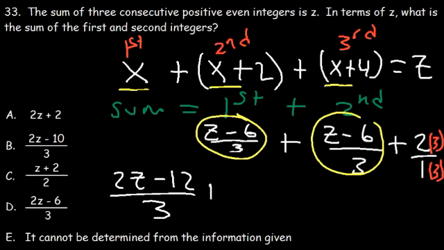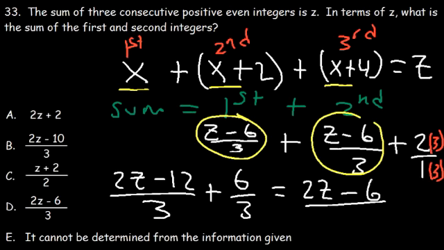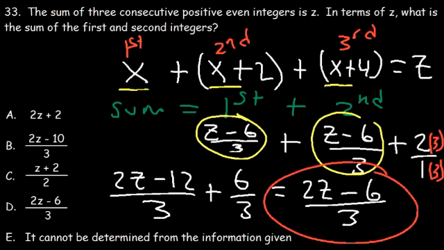So then this is going to be plus 6 divided by 3. Now we can add the numerators. So it's going to be 2z, and then negative 12 plus 6 is minus 6 divided by 3. So this is the sum of the first and second integers in terms of z. So therefore, D is the right answer to this problem.